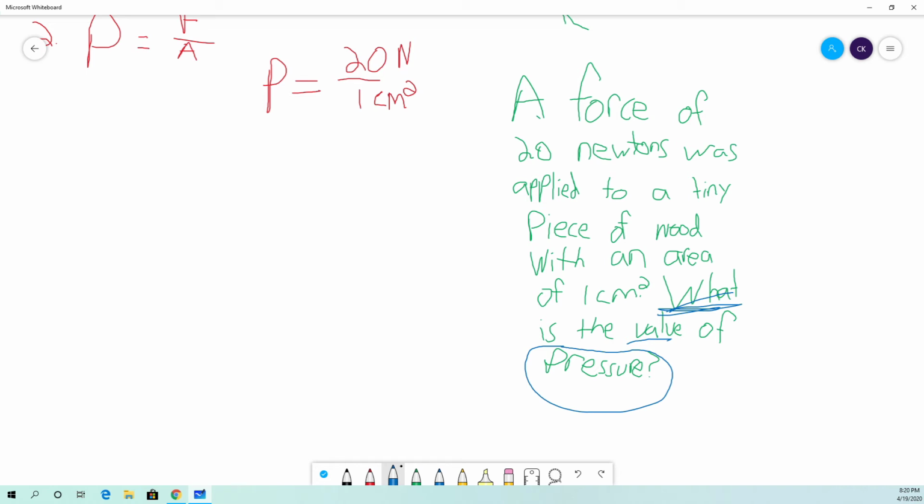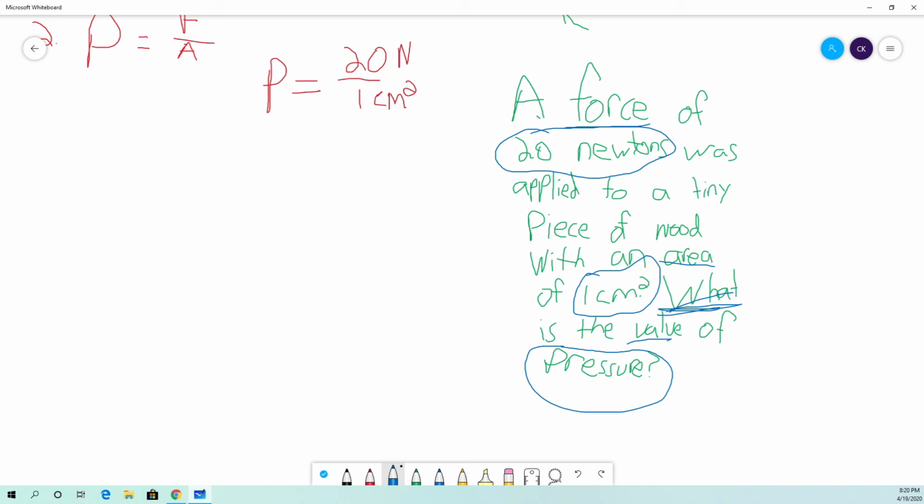Then it wants me to find my knowns. So I know, oh, a force of 20 newtons and an area of 1 centimeter squared. So now, like I did in the first problem, I'm going to plug my force where F is up top.